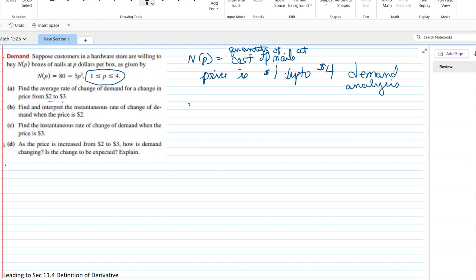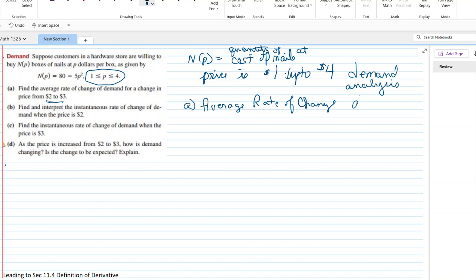So let's look at A. Find the average rate of change for demand change, for the change in price from 2 to 4.